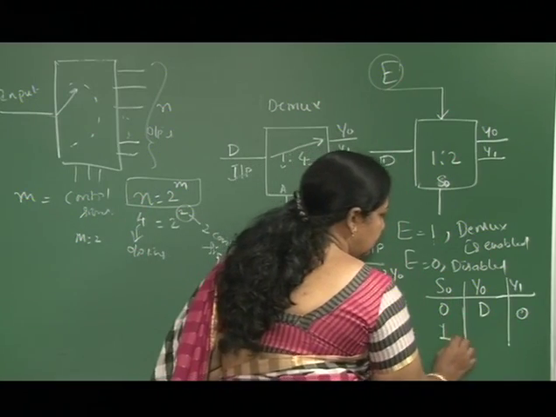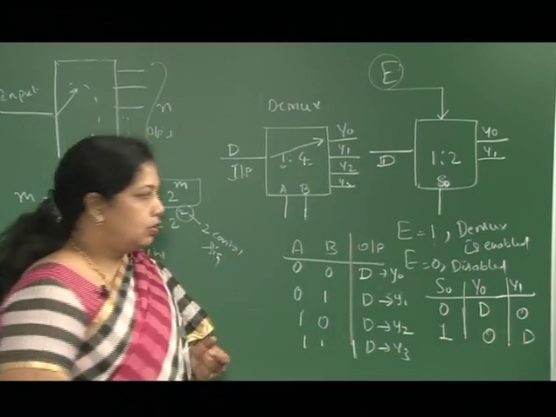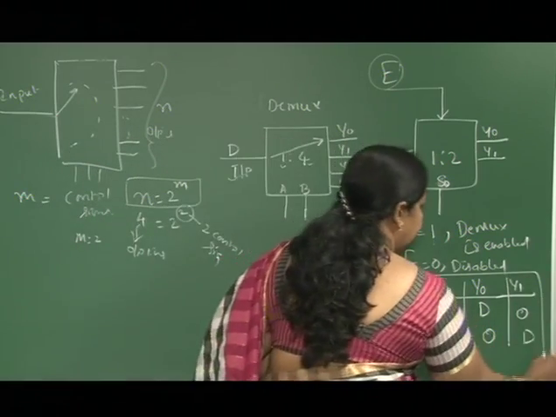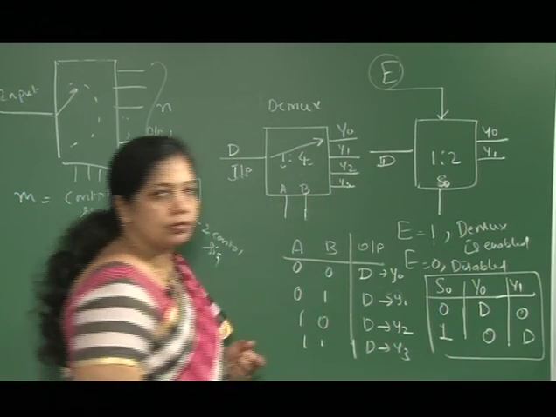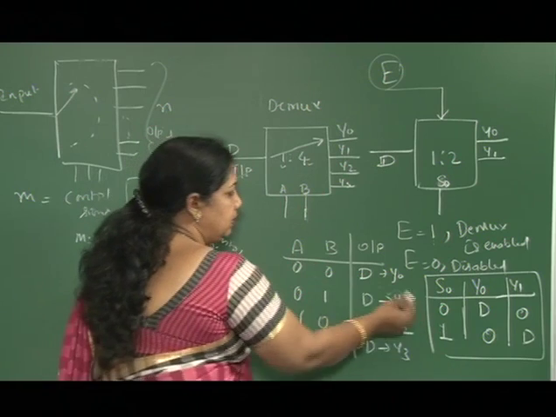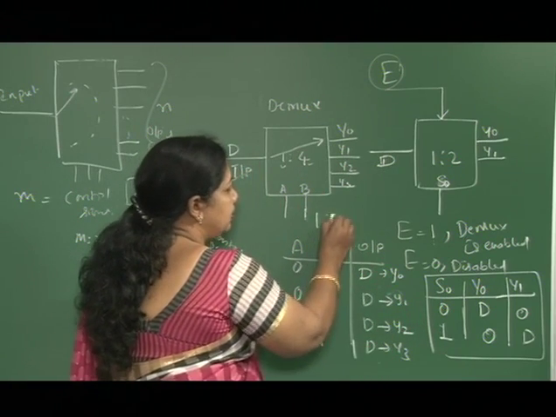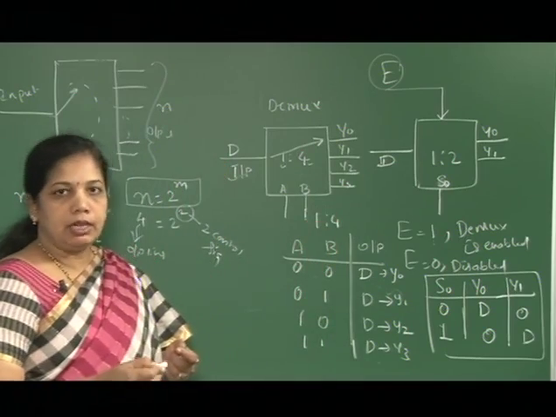When S0 is 1, Y0 is 0 and Y1 gets D. So this is the truth table of the 1:2 demultiplexer.